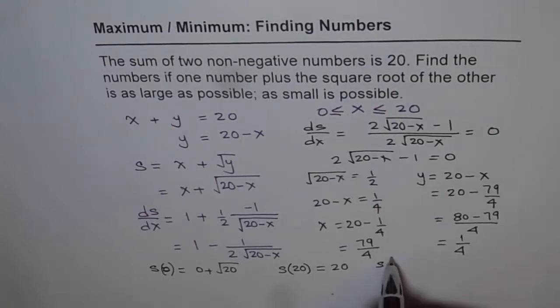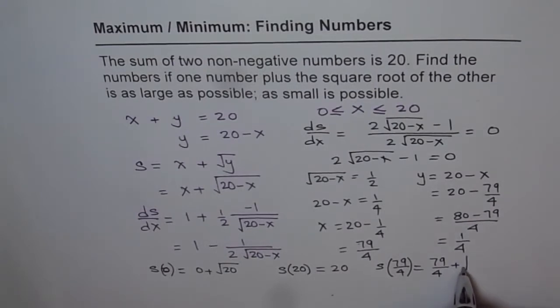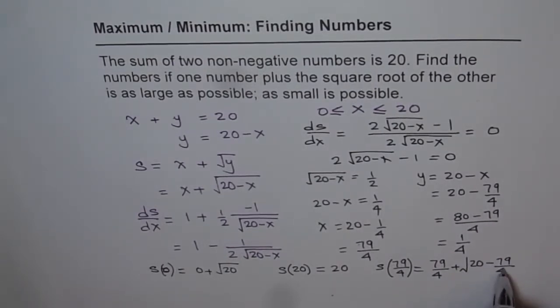And how about x equals 79 over 4? When we write 79 over 4, then we get here 79 over 4 plus square root of 20 minus 79 over 4. So this is the value to be calculated.